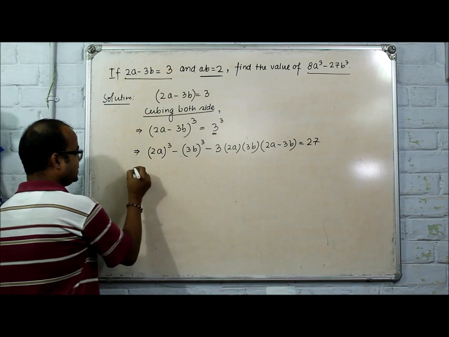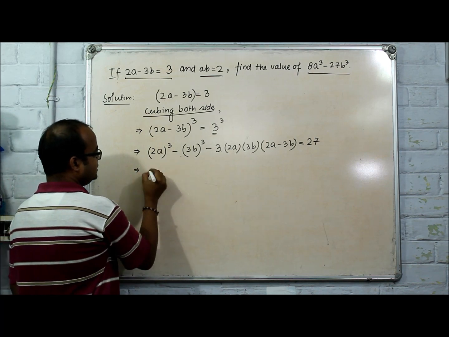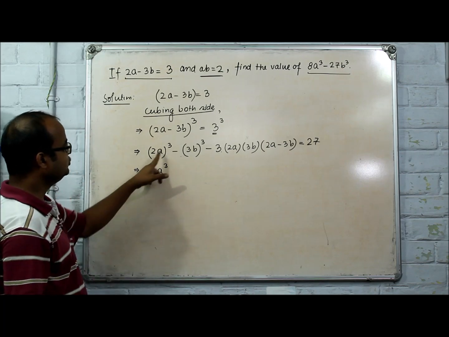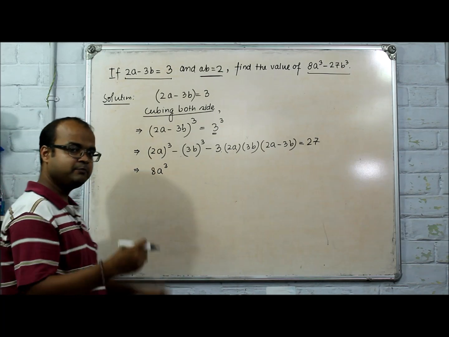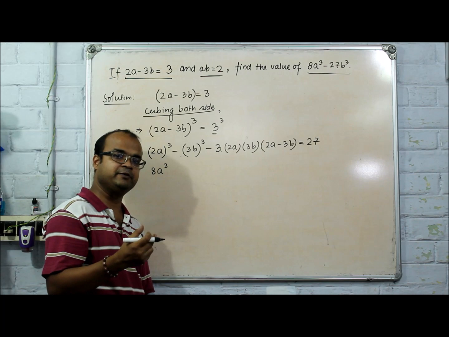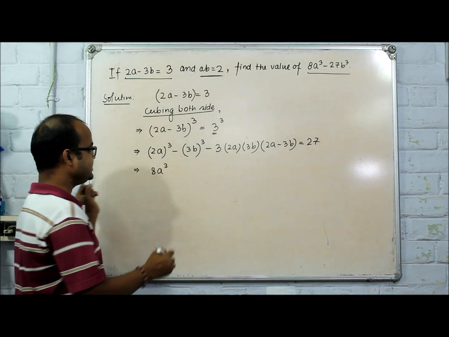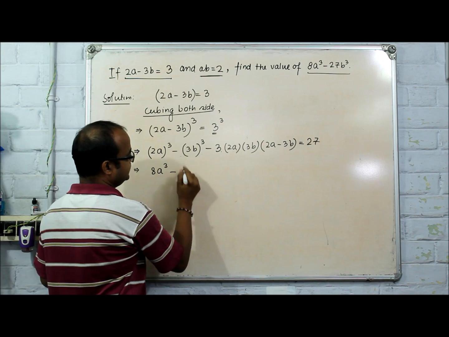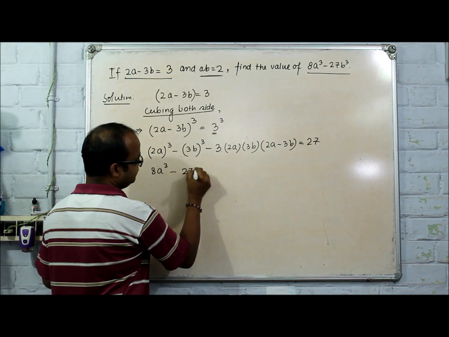Clear? Now this will be equal to 8a cube. Cube of 2a means 2a multiplied by 2a multiplied by 2a. So it will be equal to 8a cube. Same way, cube of 3b is equal to 27b cube.